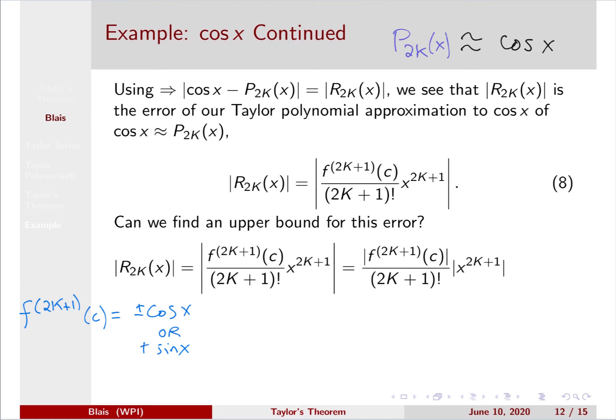What we know about sine and cosine is their range is minus 1, 1. So that means the absolute value of this top term here can be at most 1. And the rest we retain.